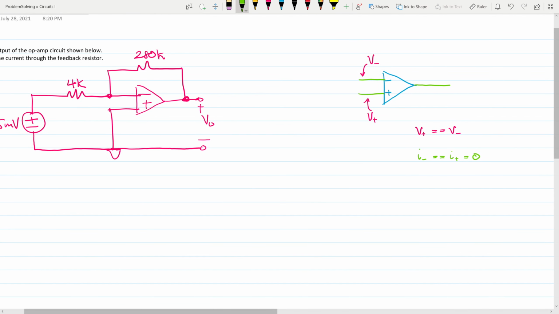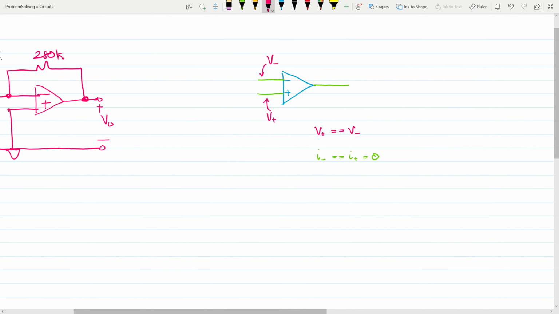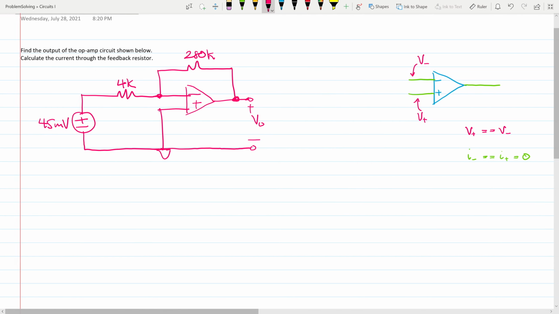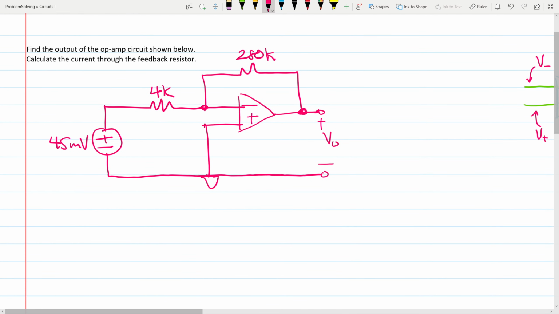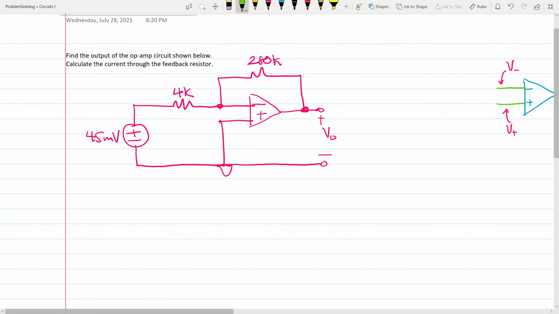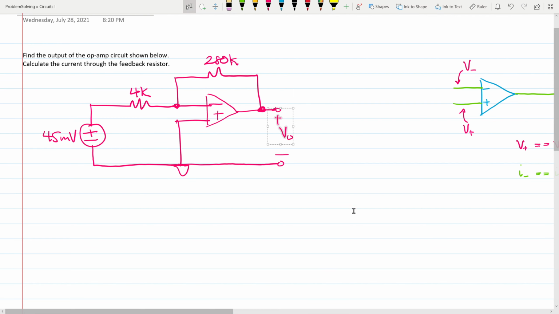And one note, by the way, one more note before we begin. Actually, let's just begin, and we'll uncover the note organically. So we want to find V0. We are going to do nodal analysis always when working with op-amps. You can do mesh if you wanted to, but it would be more complicated or less easy than doing nodal analysis.